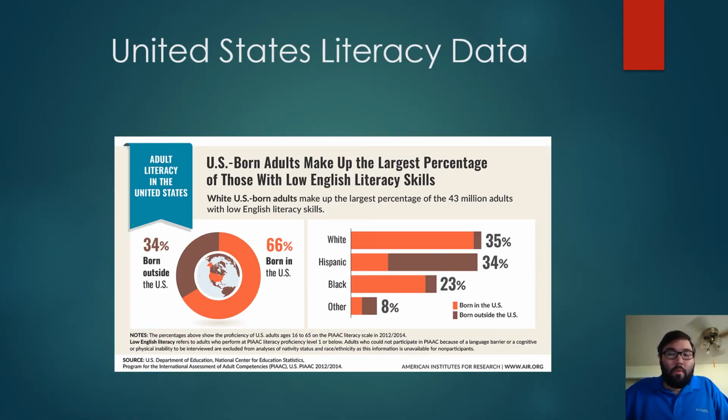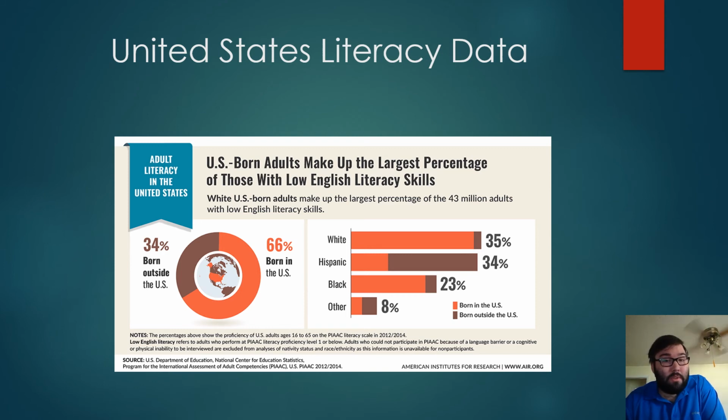This little infographic is another bit of information from the U.S. Department of Education. It's about adult literacy, kind of what we mentioned, and it gives a little breakdown of ethnicities. And you can see there that it's not just people from other countries or people who were not born in the United States.